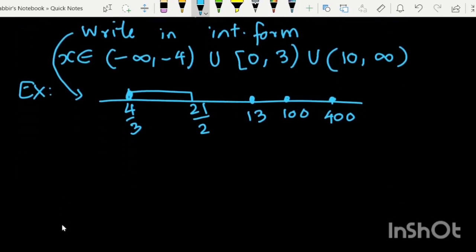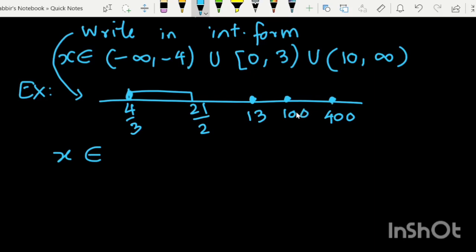Now as you can see, this is a unique example. So far we have seen a continuous, infinite set of inequalities from point A to point B, or from A to infinity, or from minus infinity to B. But here, this question has discrete points that we have to include in the solution set.